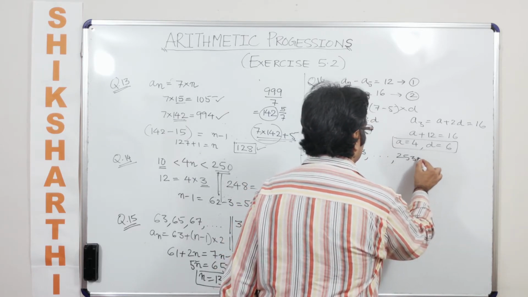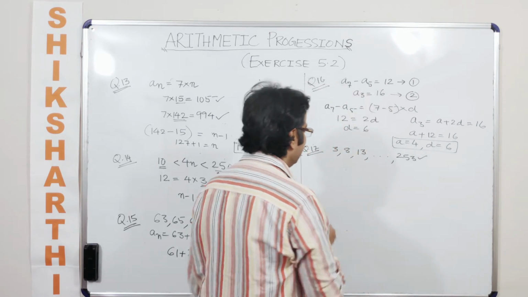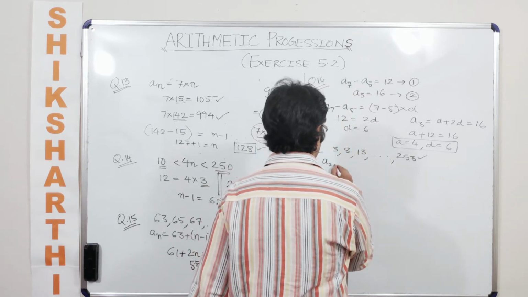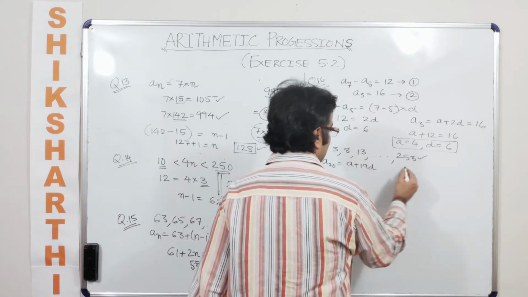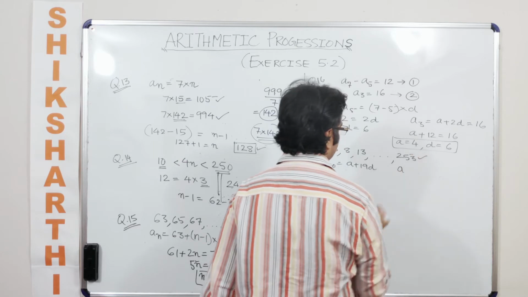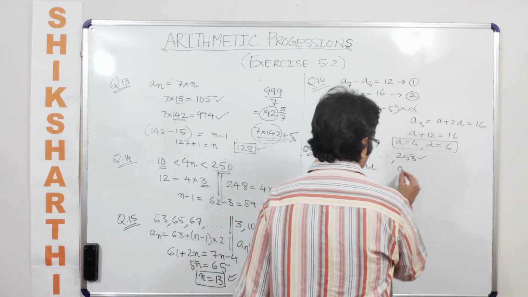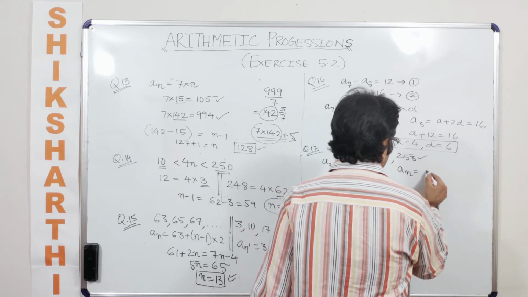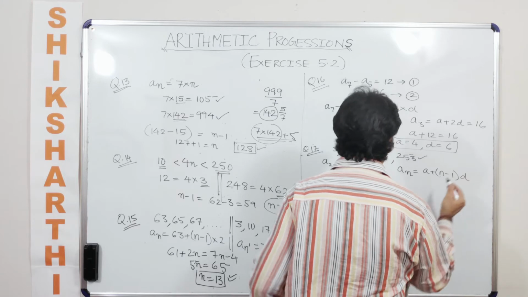Now using the last term, you are supposed to find out the 20th term. So the 20th term is A plus 19D. And the last term here. So how do I get the last term? We know the common difference. So the last term is nothing but A plus N minus 1 into D, which is already given to you.